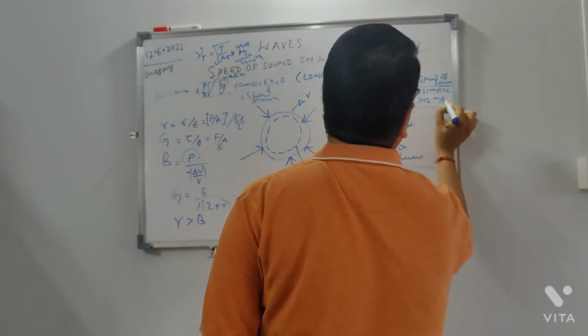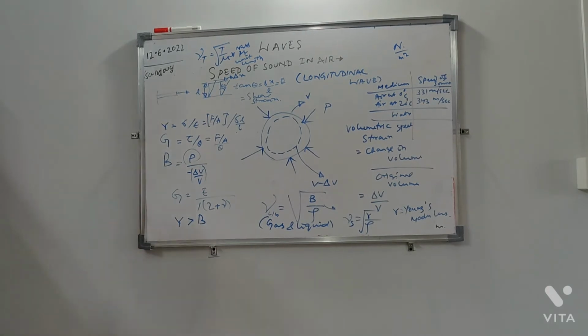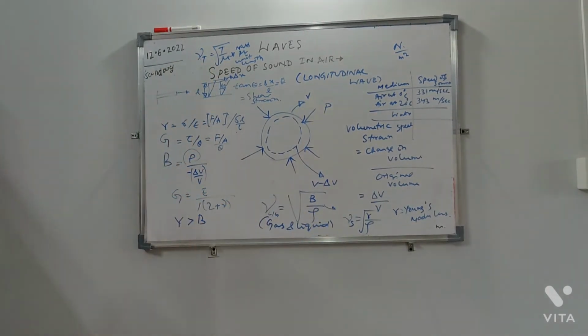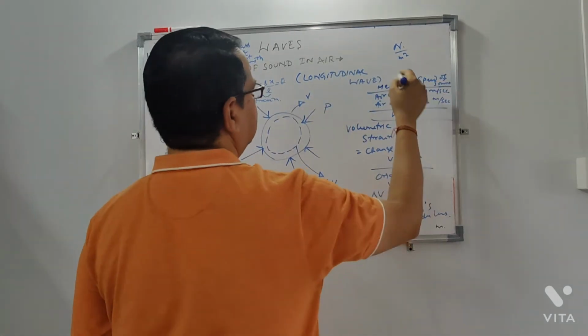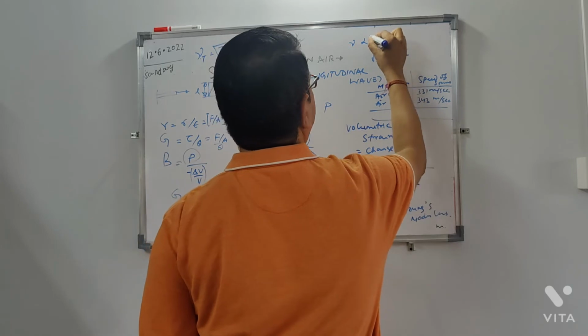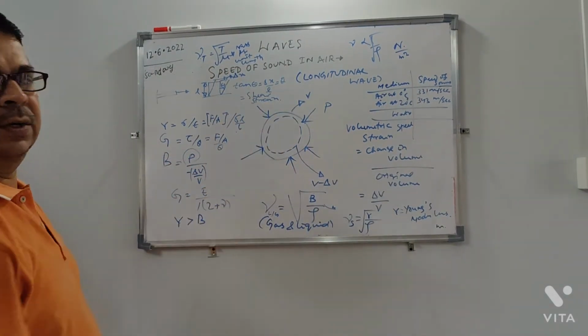I will tell you the reason: when temperature increases, density decreases. Because density is decreasing, velocity will increase. So you can take this tip: velocity is inversely proportional to square root of density. At a higher temperature, your density will come down.